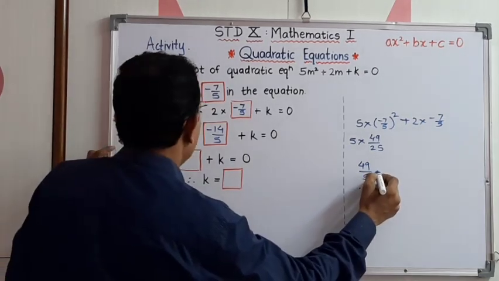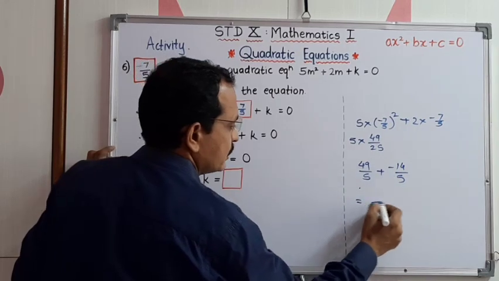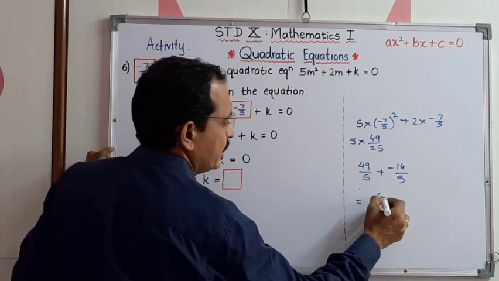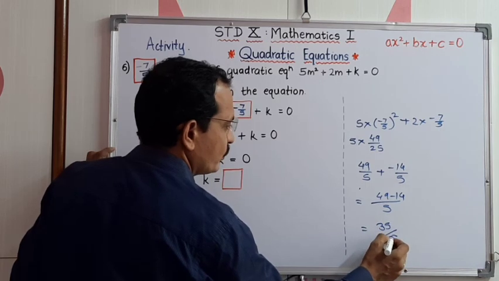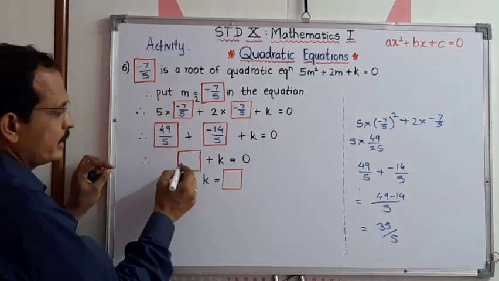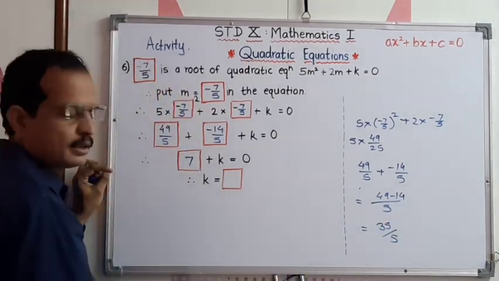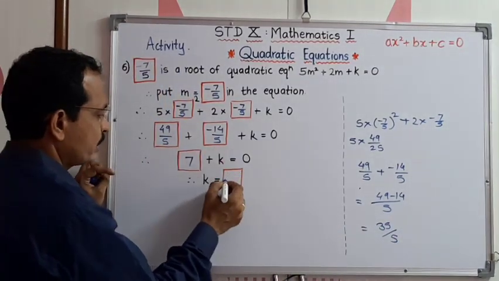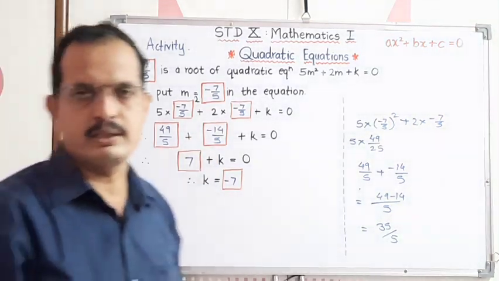Now 49 minus 14 upon 5, it is 35 upon 5. Therefore we can write here 7. 5 7s are 35, and this 7 goes on that side, it becomes minus 7. Therefore the value of k is minus 7.